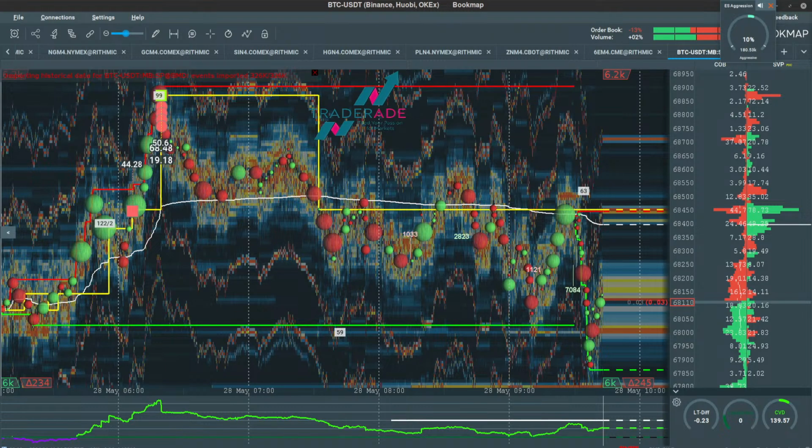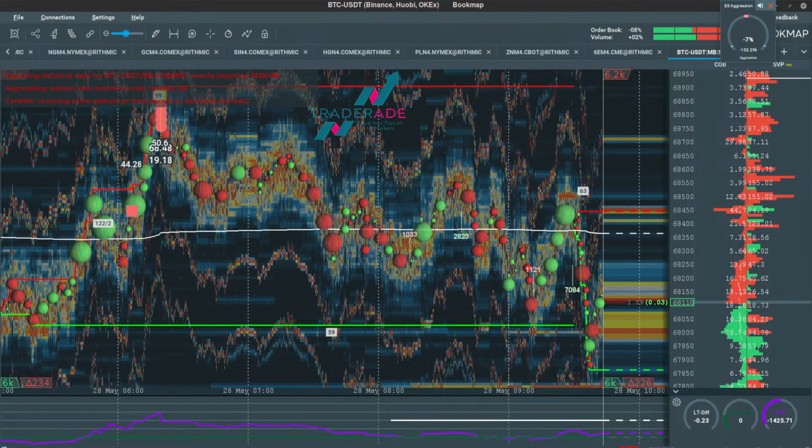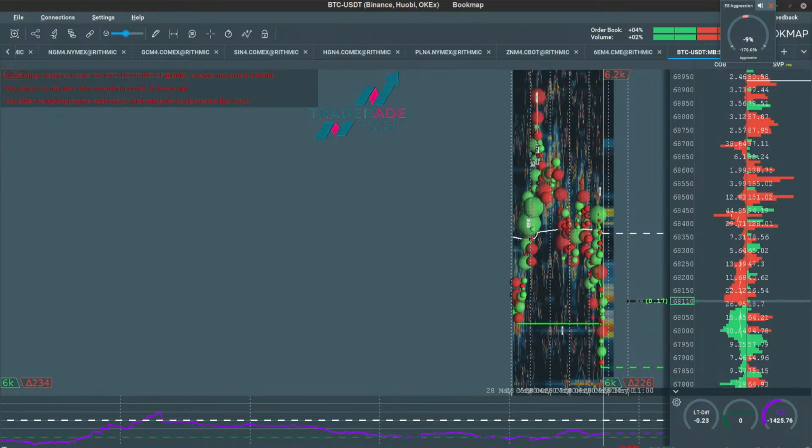It just takes a moment to pull all that data, because it is a lot to process, right? So we'll give it a moment.